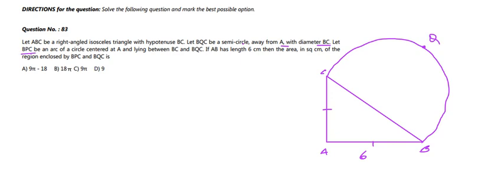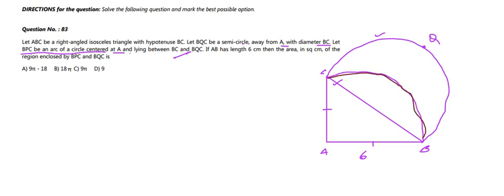Let BPC be an arc of a circle centered at A, lying between BC and BQC. So here we have our BC, this one is BQC, therefore BPC is an arc. It will be something like this. This is the arc of a circle.